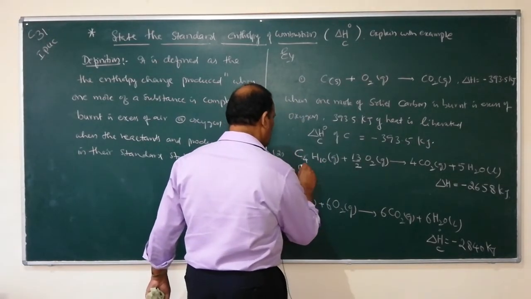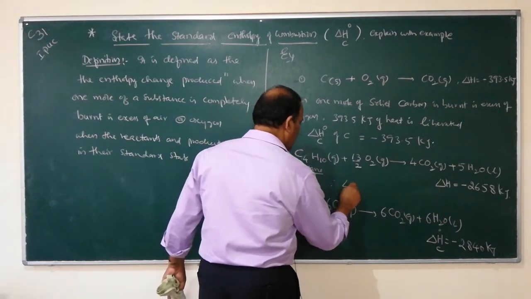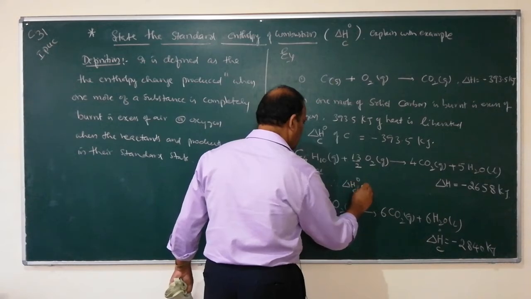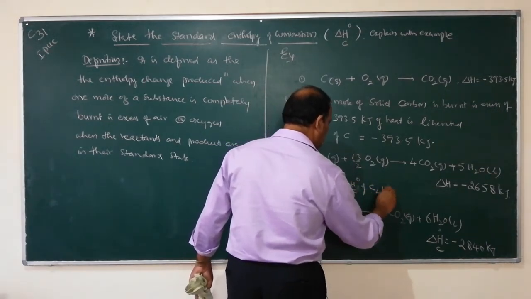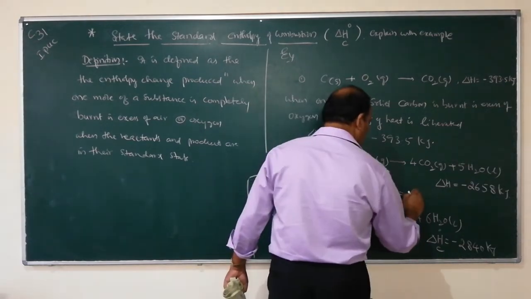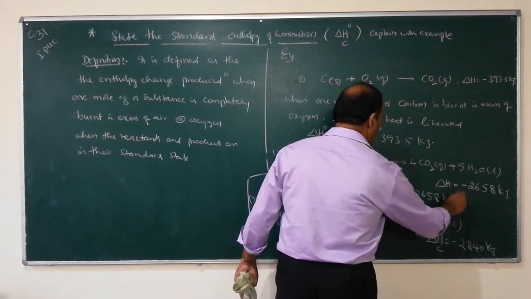So this one is butane. Therefore, delta Hc naught of C4H10 equals minus 2658 kilojoules.